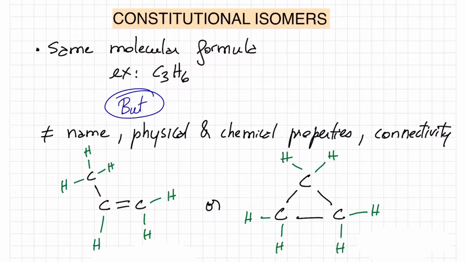One way, I will present here with a double bond, and another way has a cyclic type of connectivity. So we can see that based on those two ways of drawing, the name will be different. And when we're dealing with two different compounds that are arranged in different ways, most of the time they behave differently. Their physical and chemical properties are different.